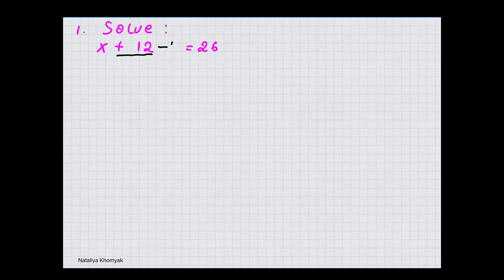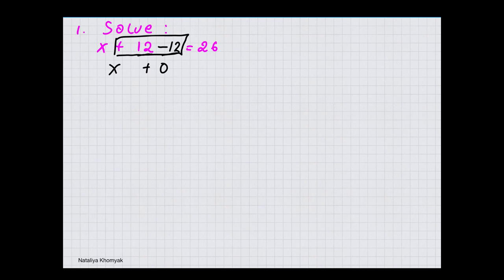So if I have positive 12 and we add negative 12, this means we will be adding a 0 to x. So these two terms will add up to 0, and you would still have x there.